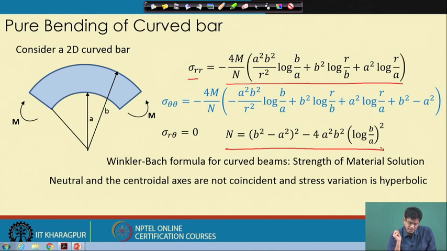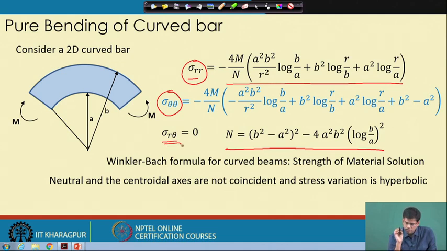Sigma theta theta is also minus 4M by n, which is also a very long expression. So, this sigma rr and sigma theta theta we can compute from the theory of elasticity, and sigma r theta is essentially 0.